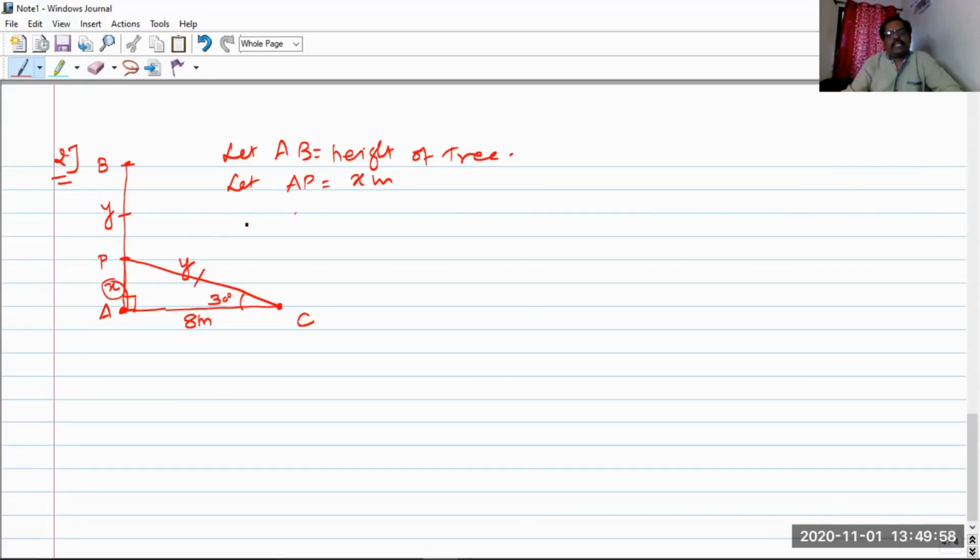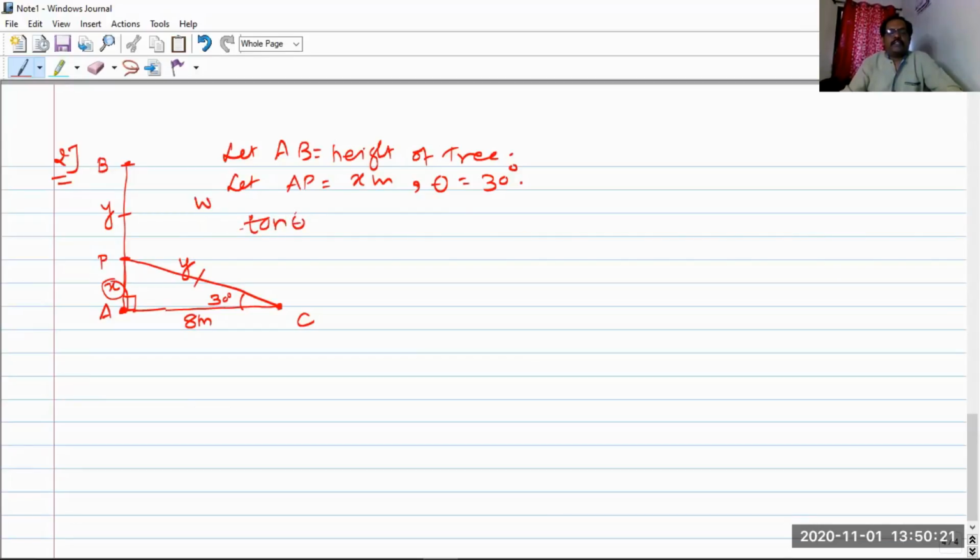We can use tan theta, which is defined as opposite side by adjacent side. Since theta is 30 degrees, we need to find the opposite side and the adjacent side is given, so we use tan theta.